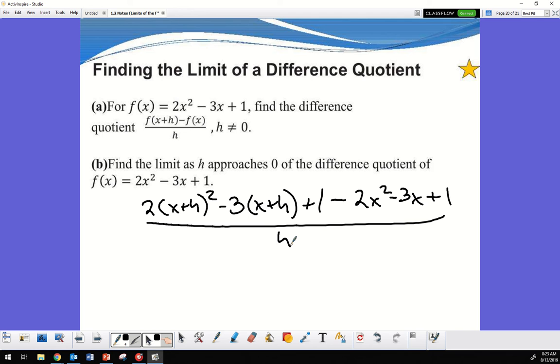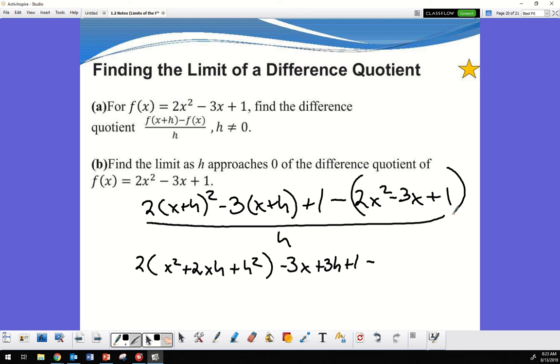So I'm going to write this out. It's going to be 2 quantity x squared plus 2xh plus h squared, right? Minus 3x plus 3h plus 1 minus, now when I do this, I have to make sure I put parentheses around my second function, because I'm going to be subtracting the whole function.